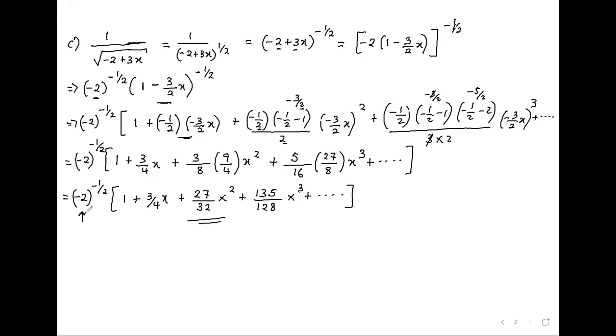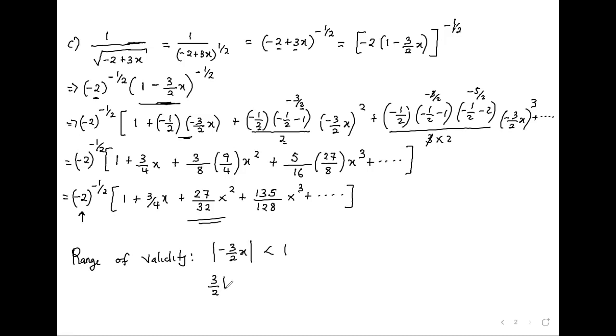What about the range of validity? So the range of validity, you pick the inner one. So we'll pick the absolute value of 3 over 2x to be less than 1. Okay, so this 3 over 2 will come out.